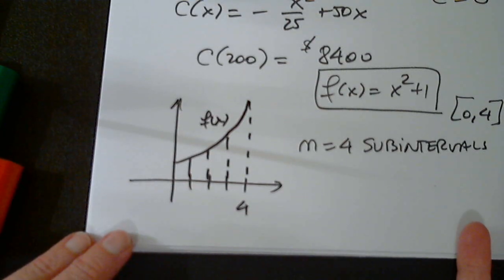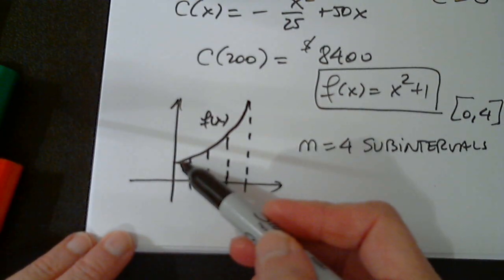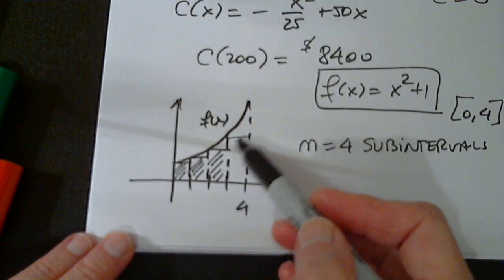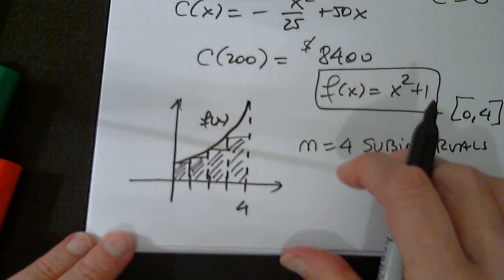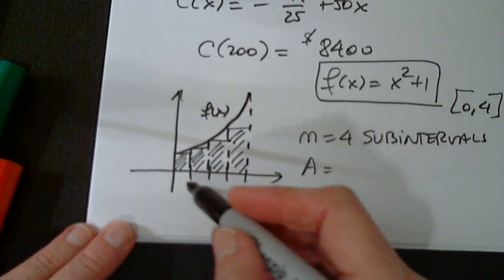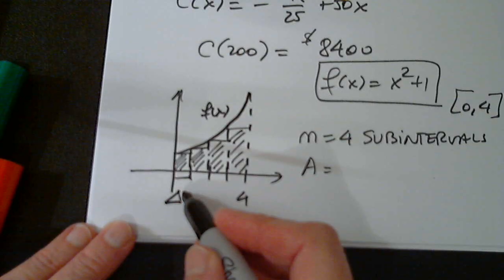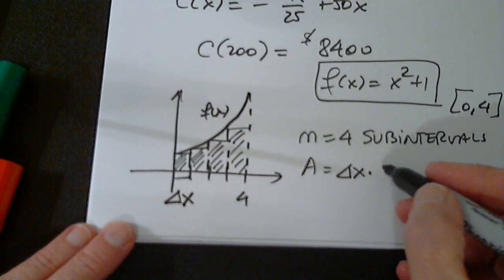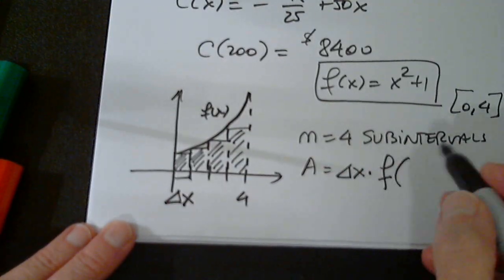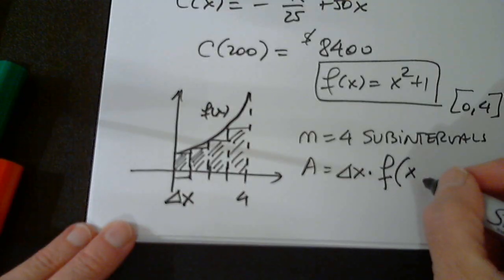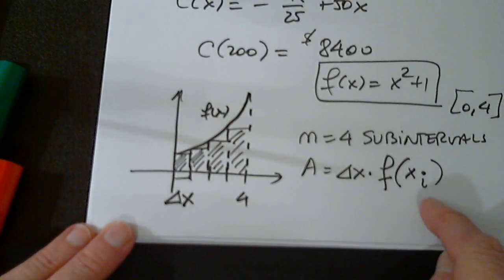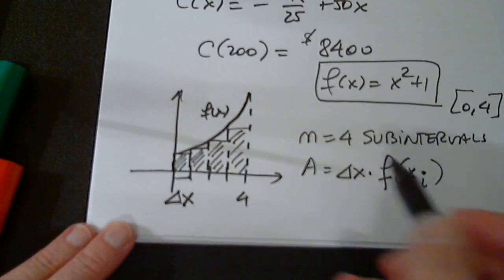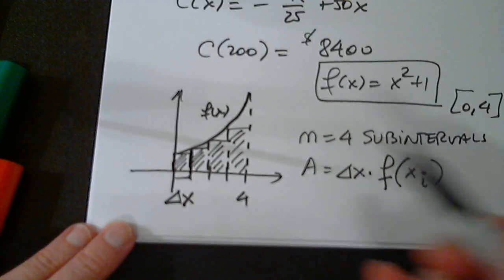And what did I do? I determined an area using rectangles. So the area was basically the base, which is, we know, delta x, multiplied by the function value at any point. So I'm going to say f of x, and I'm going to put i, because the first subinterval has this height, the second subinterval has this height, which is different, and so on.